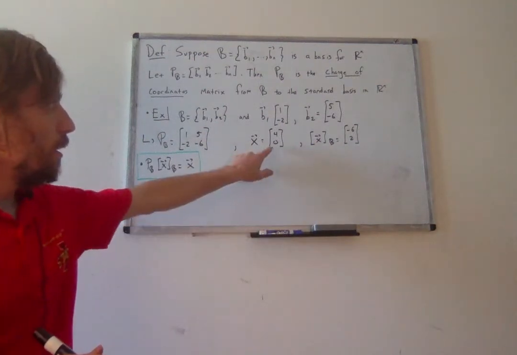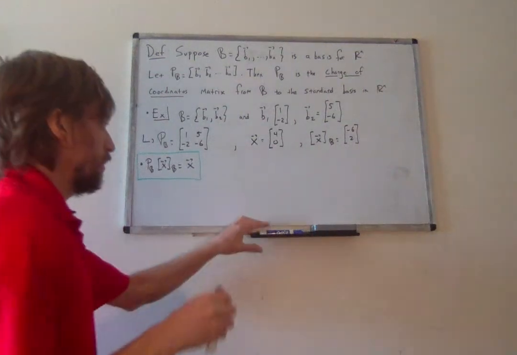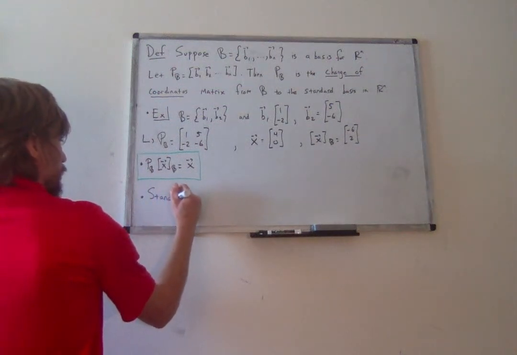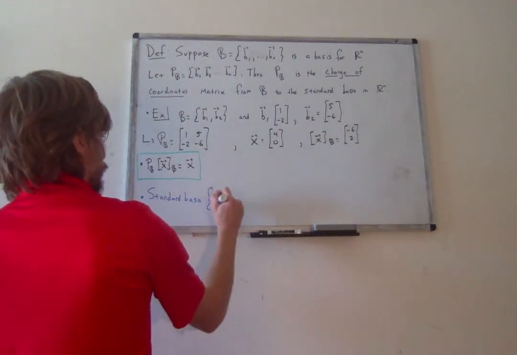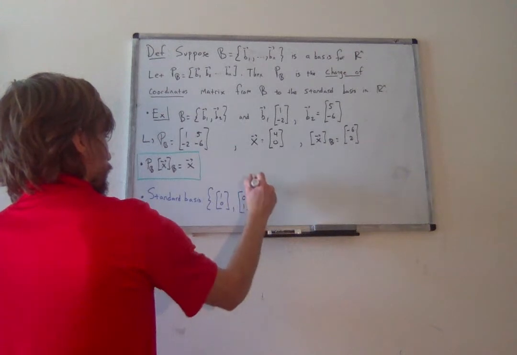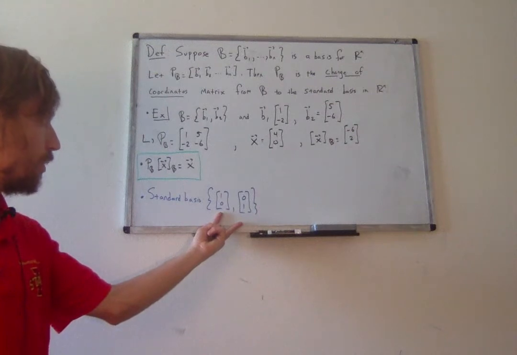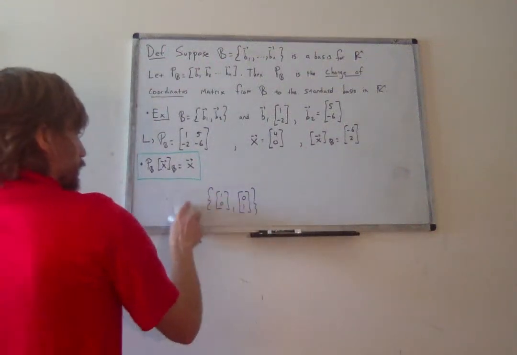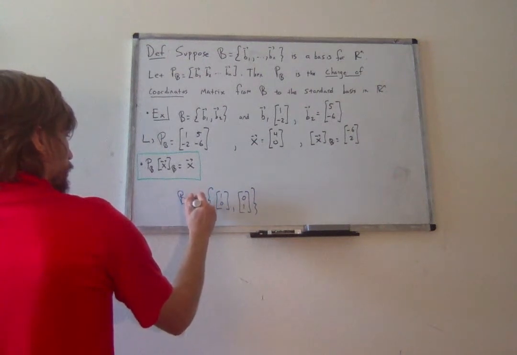So any single vector x like this, you can kind of think about x, right? So next, and I apologize, there's kind of a lot going on here. The standard basis, remember, for R2 is just the two vectors 1, 0, 0, 1. And so maybe we'll call this standard basis B sub 0.